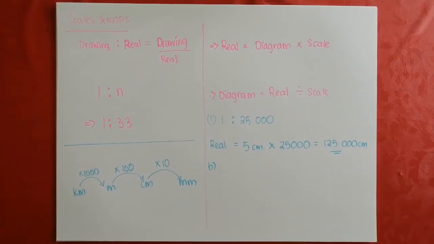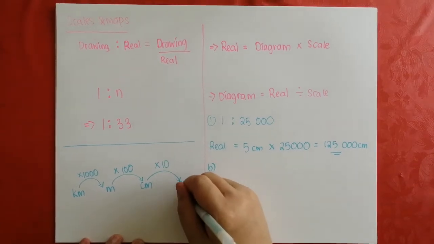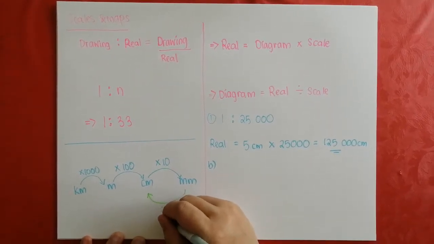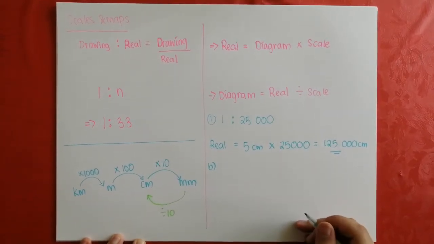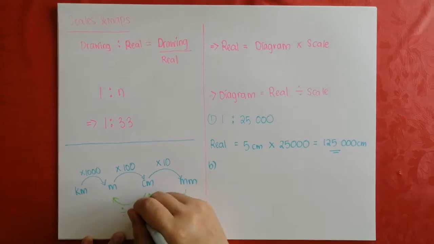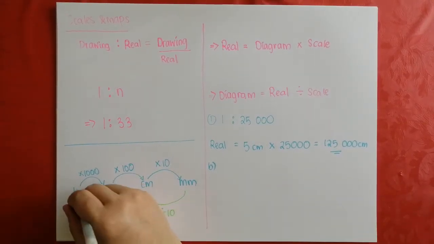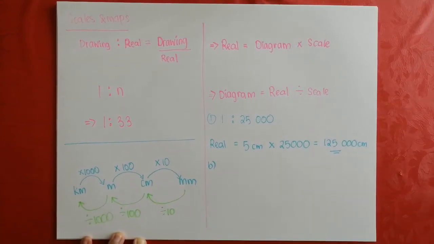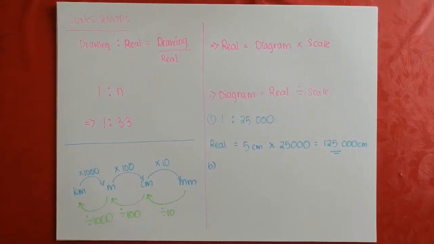If you want to convert from millimeter to centimeter, we do the opposite of times, which is divide by 10. Centimeter to meter is divide by 100, and meter to kilometer we divide by 1000. So here we are converting 125,000 centimeter to kilometer.